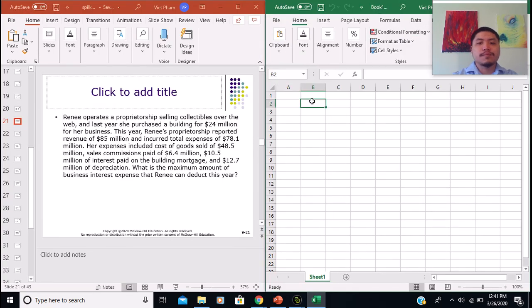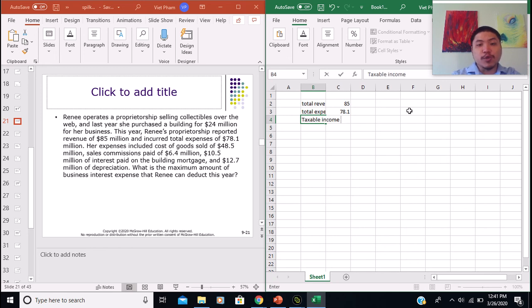So we have total revenue here, which is 85 million, and then total expense, which is 78.1 million. So with these two items we can calculate our taxable income.